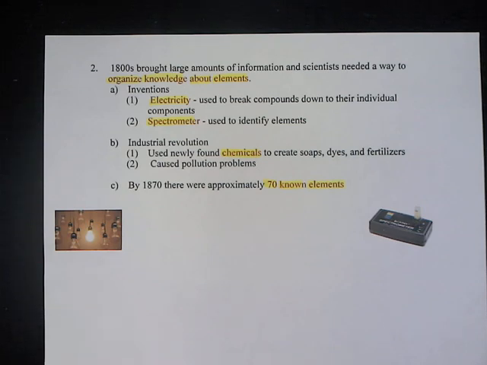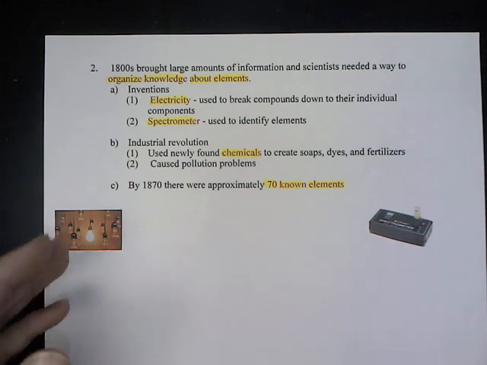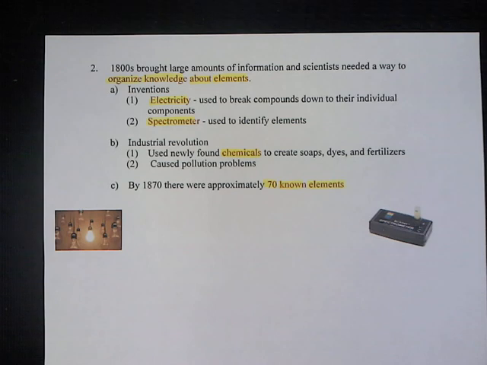We get a lot of specialized tools, one of which is called the spectrometer, which is used to identify light by using that light's wavelength and frequency we briefly discussed in chapter 5. And so by the end of the 1800s, there's almost 70 known elements.